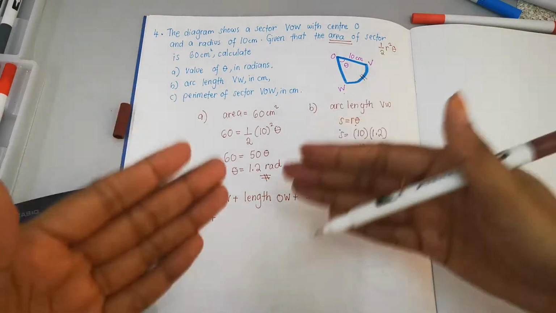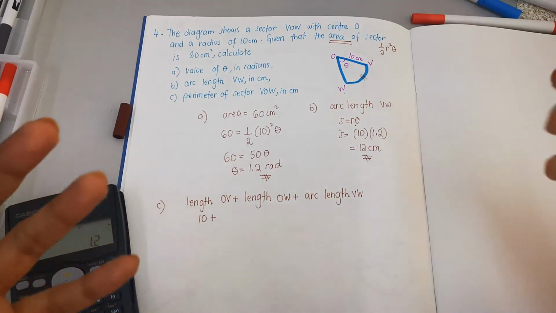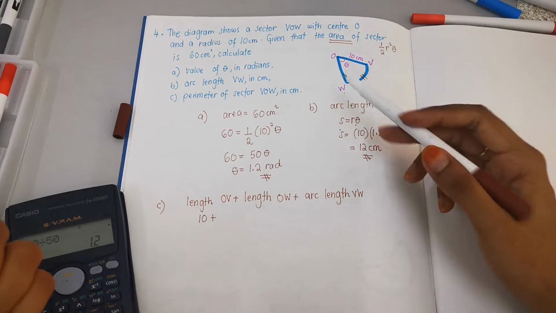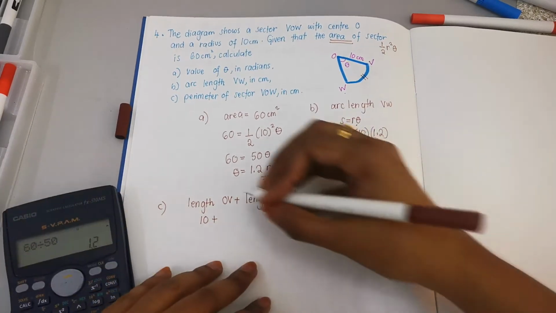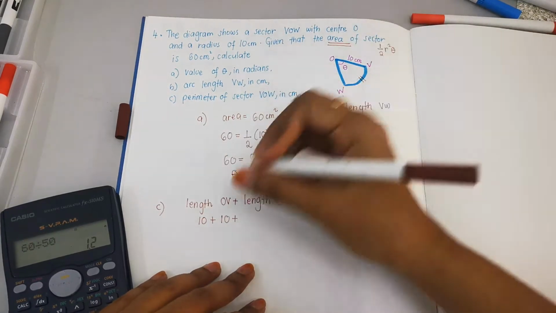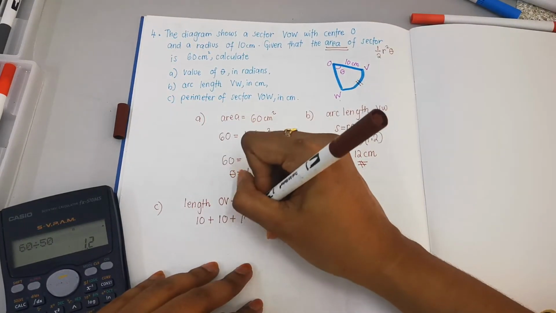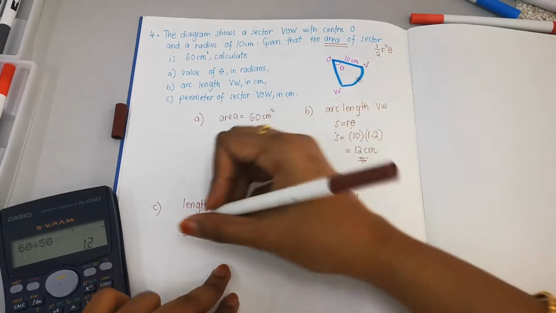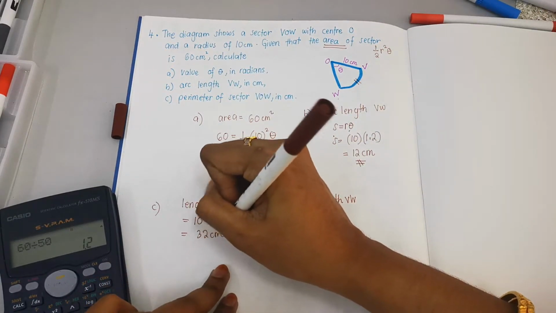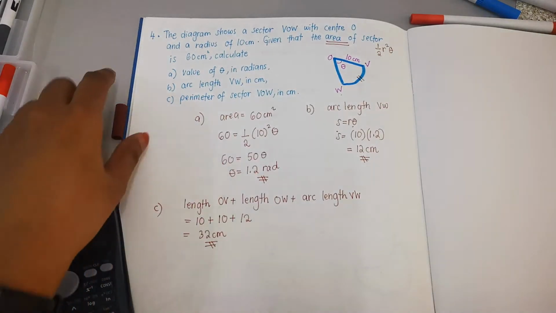It's good to always write down until you really understand this is length, this is arc length, so you need to differentiate. So 10 plus 10 plus arc length is 12, so we will get 20 plus 12 is 32 centimeters. So that is the perimeter.